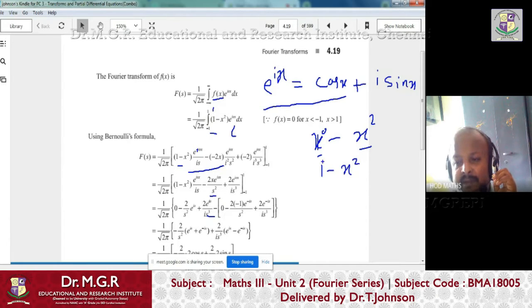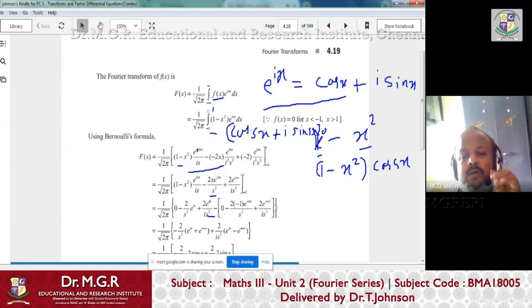And if that is multiplied with cos sx, then 1 minus x square with cos sx becomes an even function, because 1 minus x square is an even function and cos sx is also an even function.